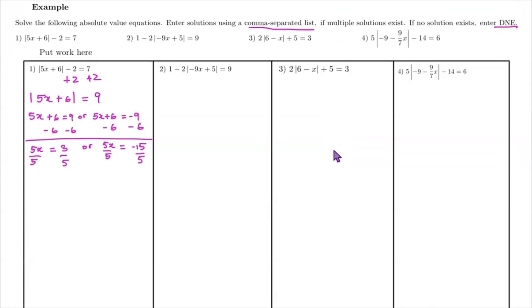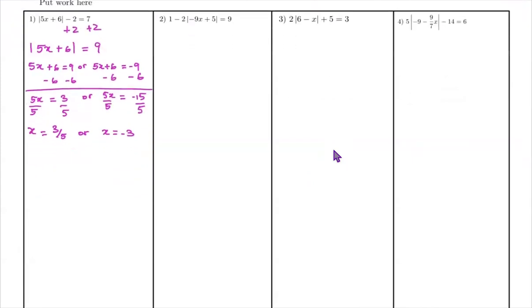We would have the two solutions. One is x equals 3 over 5, or x equals negative 3. Now we're going to check to see if we have an extraneous solution.